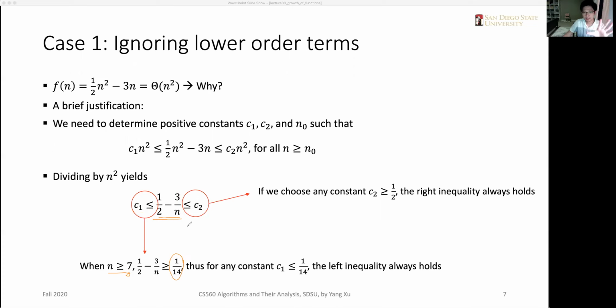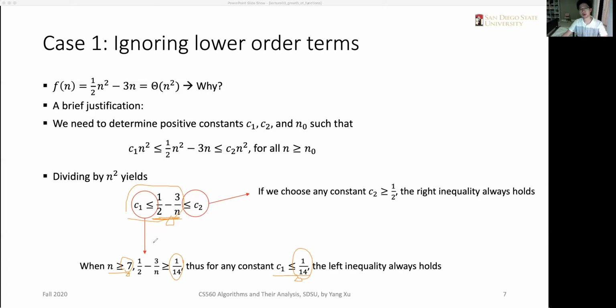And as long as the constant C1 is smaller than or equal to 1/14, then for any number that's greater than 7, the target function always has the value that's greater than 1/14, right? Because the target function is monotonically increasing. So the left inequality will always hold true.